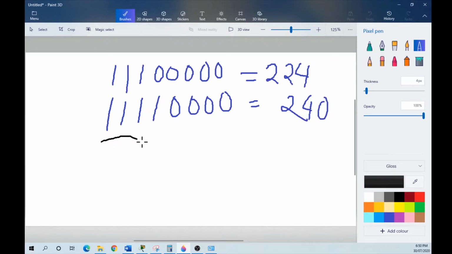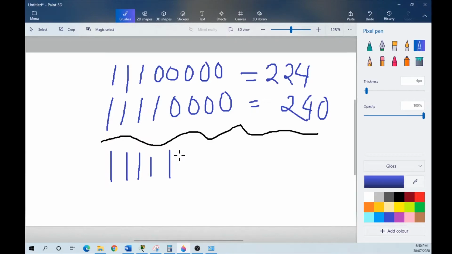So the quick and easy way to find the corresponding decimal number based on the binary value provided is this way. If all 8 bits are turned on, it will have the value 255.